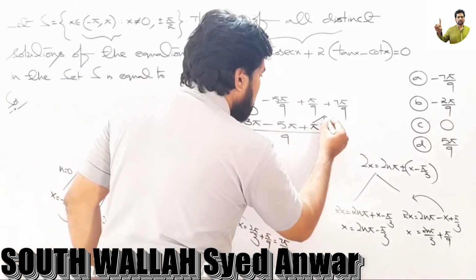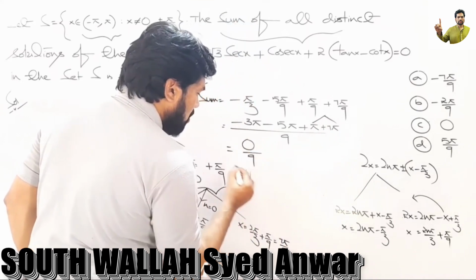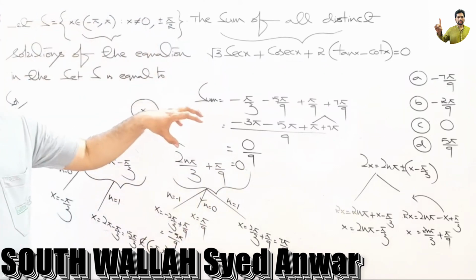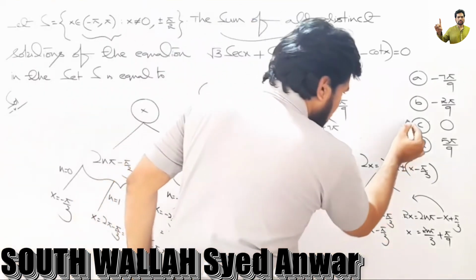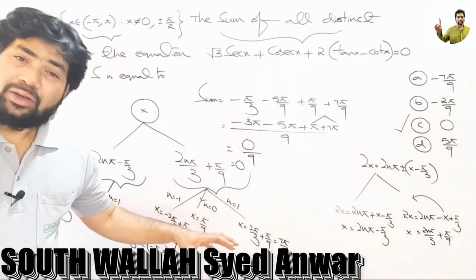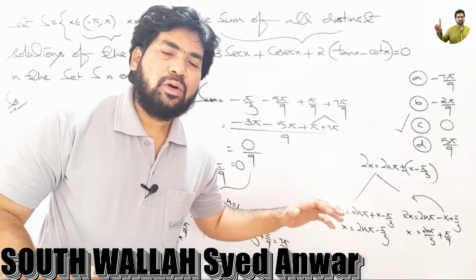So that means 0. 0 upon 9, 0. So finally, the sum of all the distinct solutions of this equation is 0. So 0 is clearly available in option C. It's a very good question, but time consuming. There is no other alternate way.